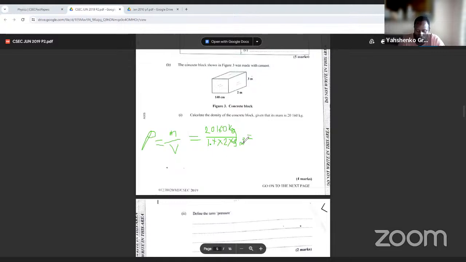So this goes 20,160 divided by 8.4. And it's equal to 2,400 Pascal.